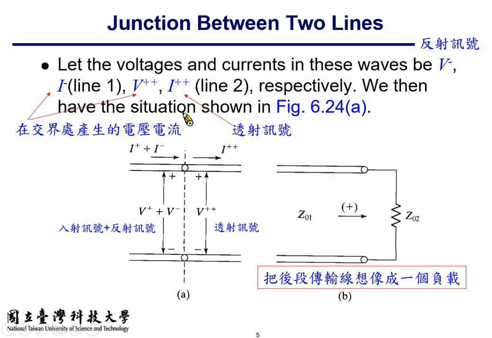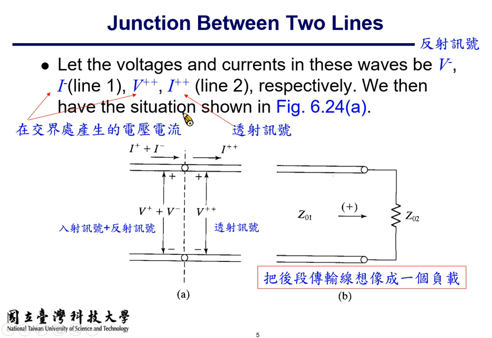You can imagine the following section of the transmission line as a load. We would like to calculate what kind of signal is reflected back and how much energy is dumped to the next stage.